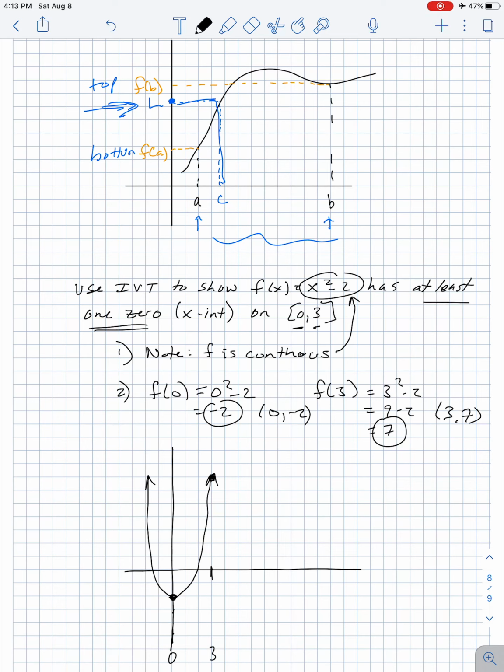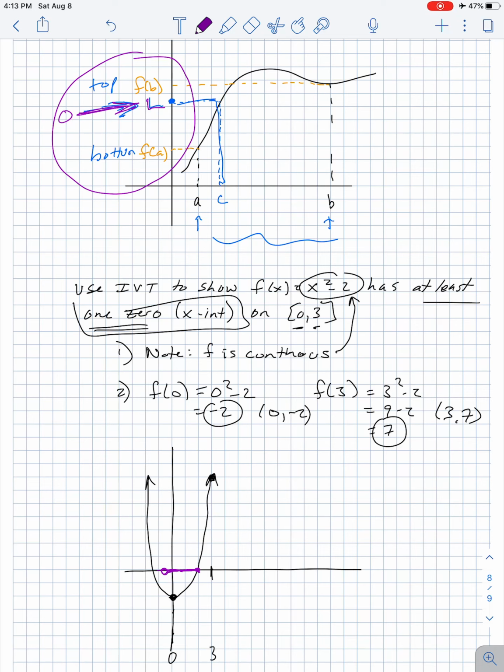And I want to show that there's at least one x-intercept. Well, what do we know about an x-intercept? An x-intercept, here it is by the way, has a y value of 0. Do you see that? Okay, so look up at the top here. What we're saying is our L value is 0.